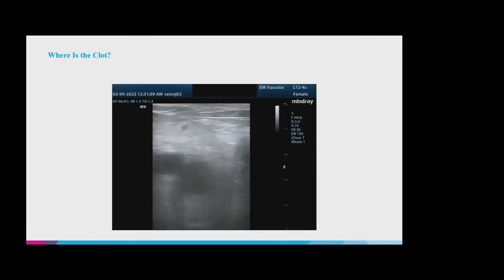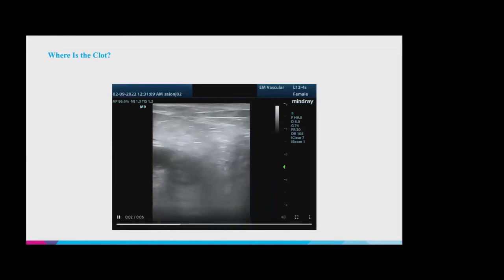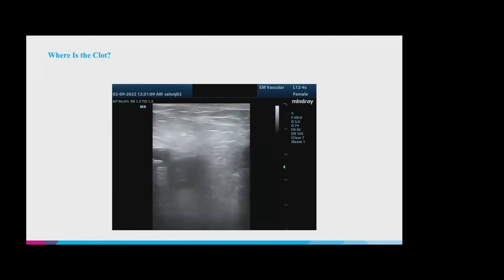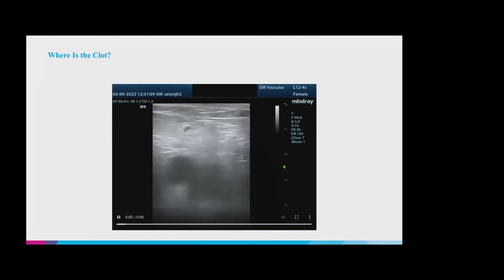All right, so what do we have here? So it's the common femoral artery and the common femoral vein more medial to it. Yep. And I think when the operator is compressing, the vein is not compressing. Yep. And there also might be a hyperechogenic structure inside of it. Excellent. Yeah.